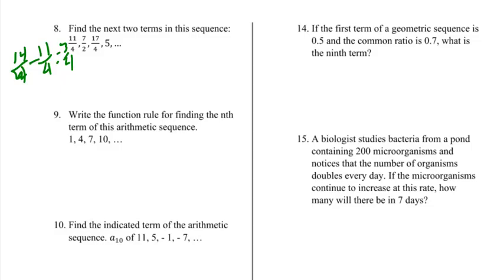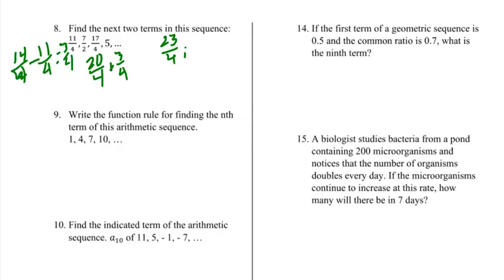So now I take the last number I have, which is 5, but I'm going to put that into fourths, which is 20/4, because 20 divided by 4 is 5. If I add 3/4 to that, that gives us 23/4. And then if I add 3/4 to that, that's 26/4.